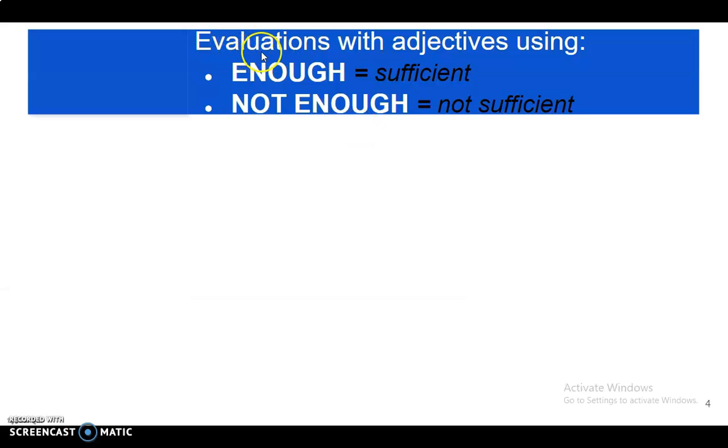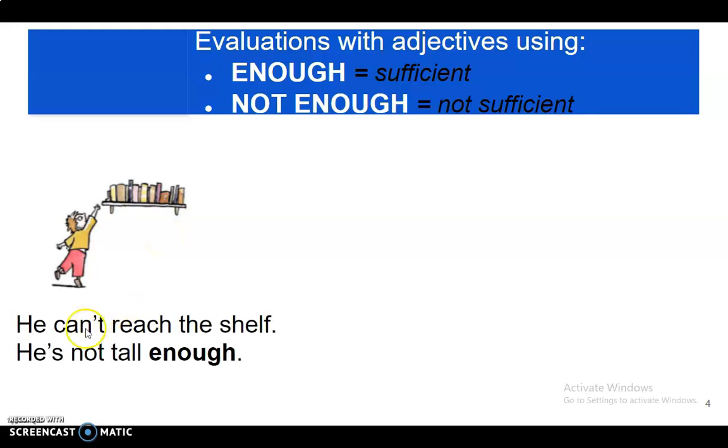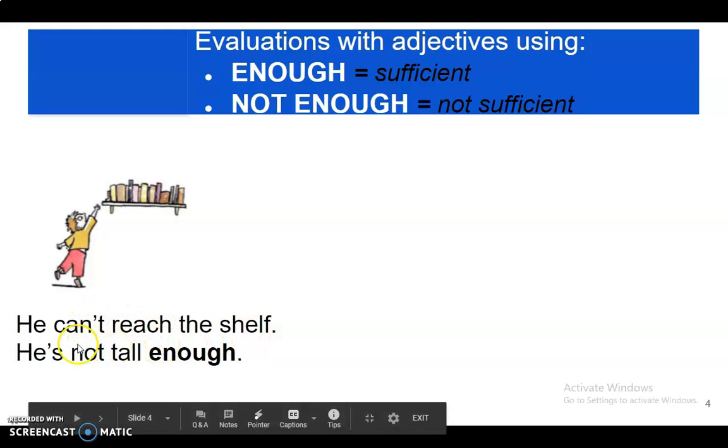You can make evaluations with adjectives using enough. Enough means sufficient, and not enough means not sufficient. In this photo, the boy is trying to reach the shelf, but he can't reach it. Why? Because he's not tall enough.